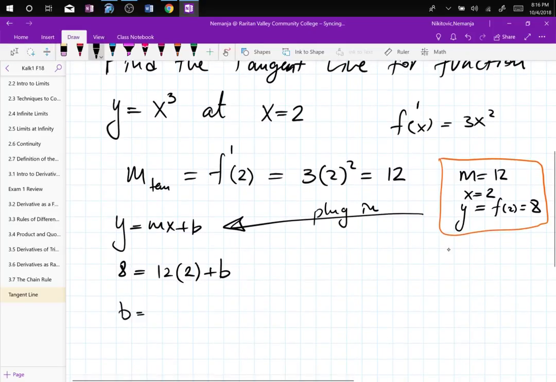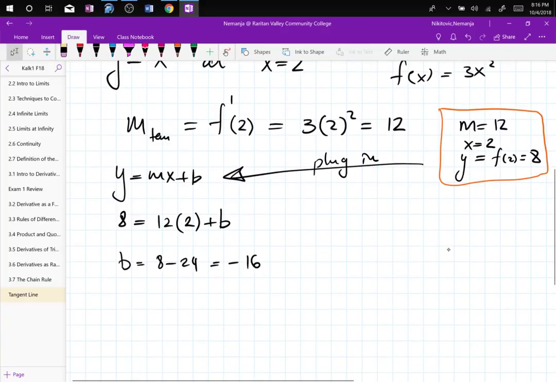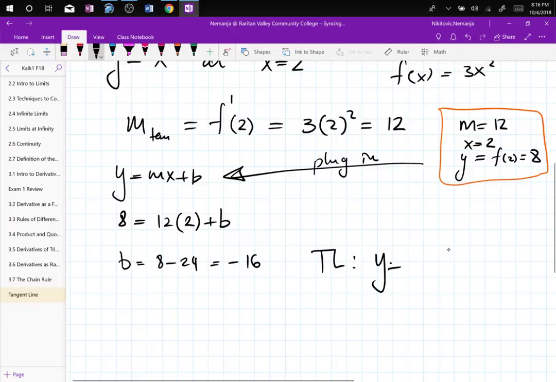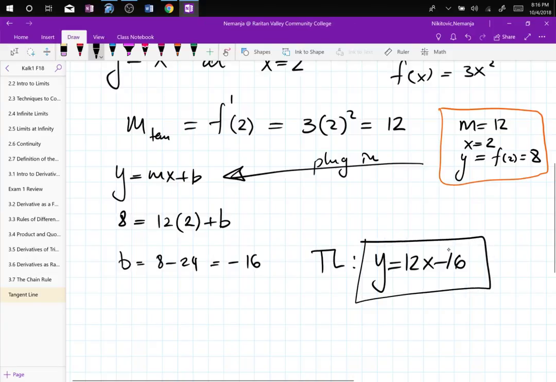So b is equal to 8 minus 24, which is equal to negative 16. So the tangent line is given by y equals 12x minus 16, and this is the tangent line at (2, 8). Or you can just say at x equals 2. So this is the tangent line.